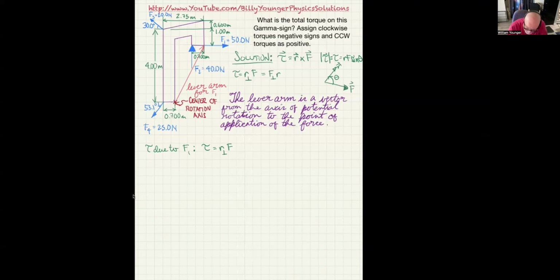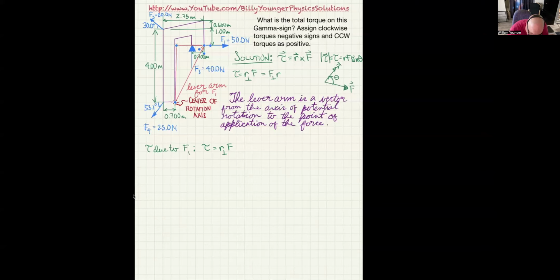If we look at this vector, we can see that it breaks down into a vector that is parallel to the lever arm, or excuse me, parallel to the force, and a component that's perpendicular to the force.